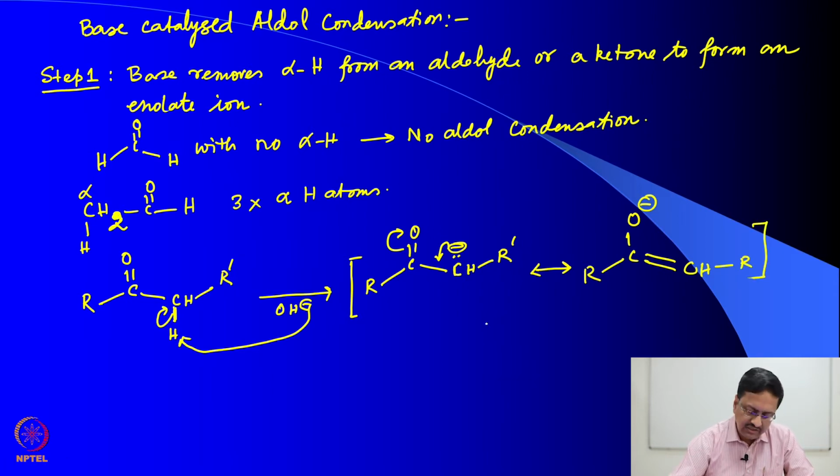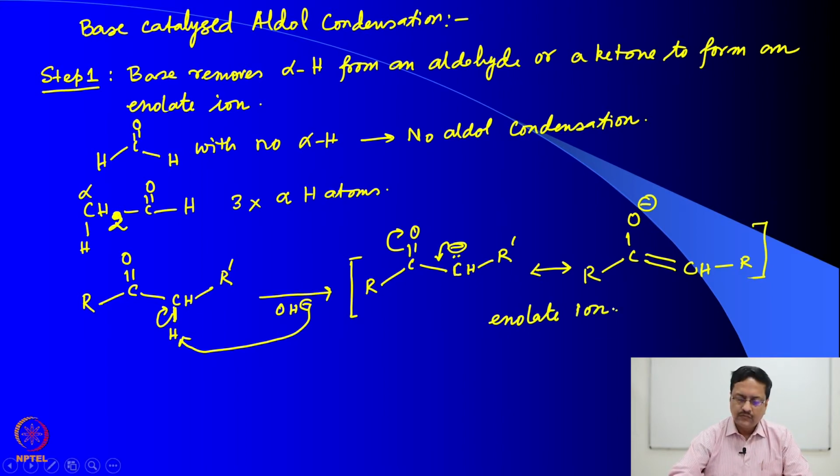This is called the enolate ion, and of course, this reaction eliminates water, because when OH minus abstracts the proton, that is eliminated as a water molecule.